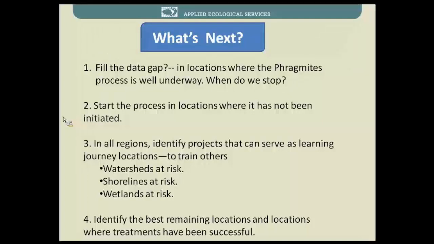There's wetlands at risk, shorelines at risk, and watersheds that are at risk of colonization, that it would be great to identify existing demonstration projects that already exist in those areas and use those as training locations where the success of prior treatments and rethinking or thinking future treatments can be learned and taught across the stakeholders that need to be involved.